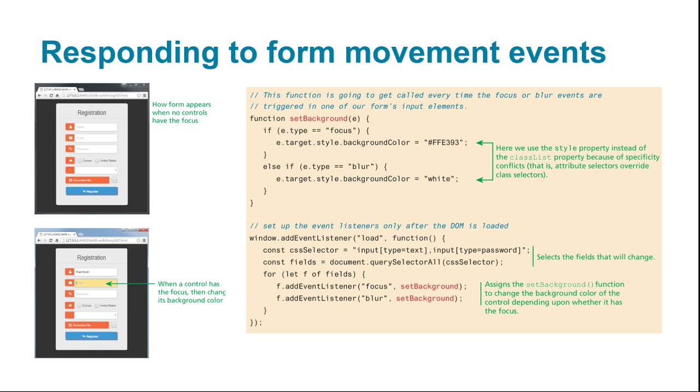In this example, it doesn't show fully. Oh, no, it does. The set background above is adding and removing a style, but the way I would do it is adding or removing a class like focus or not focus, right? Or active. Active is one that you see a lot. So you add the active class, it does the thing, and then on blur, it does the other thing, right? It takes it back.